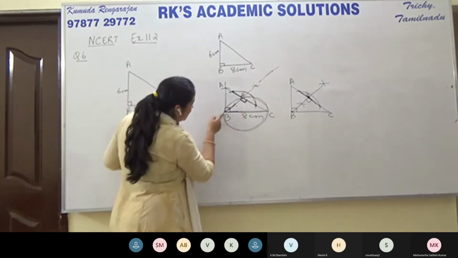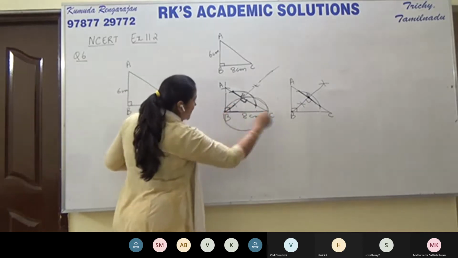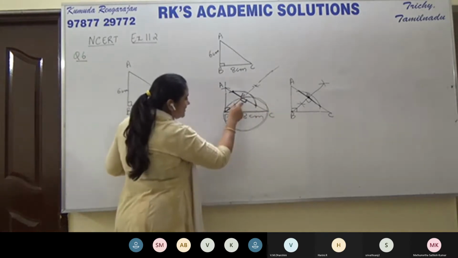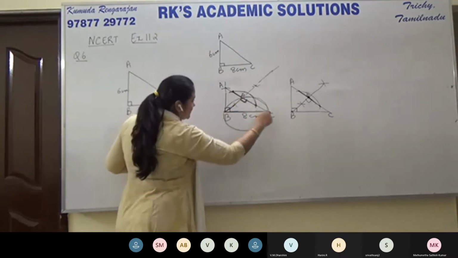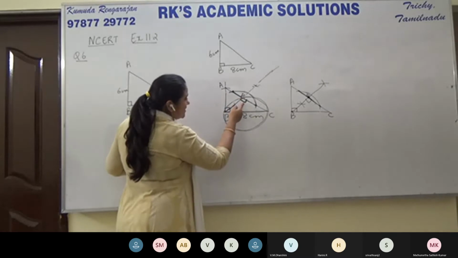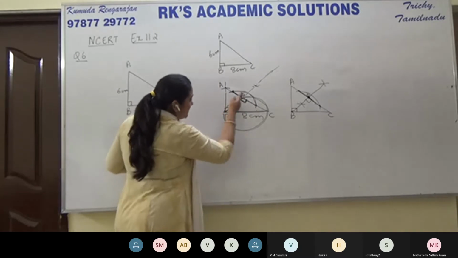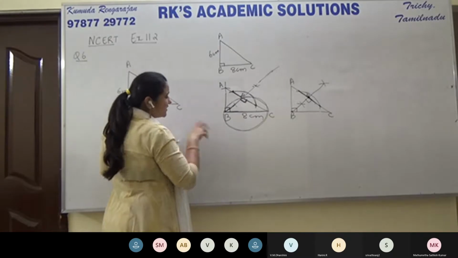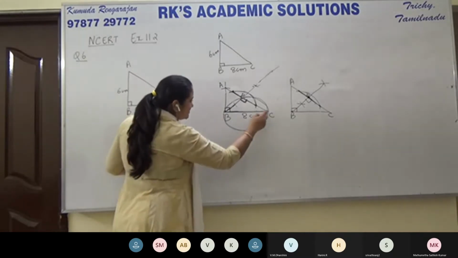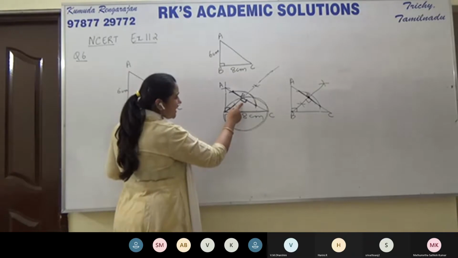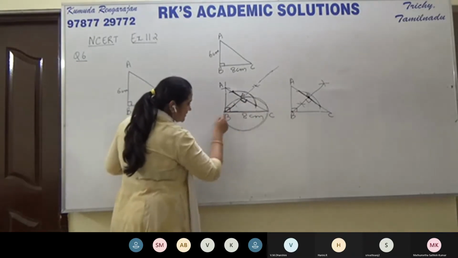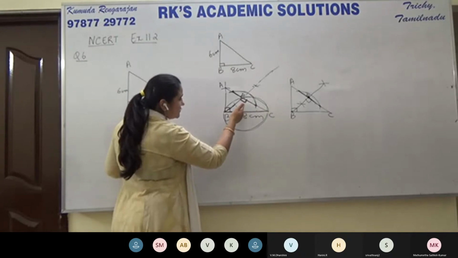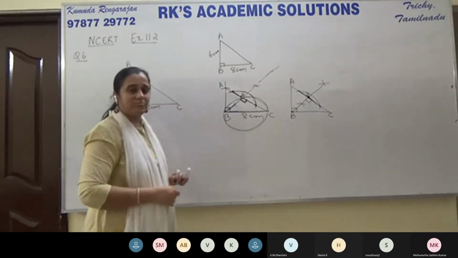You can see the line segments from B and C making 90 degrees at D. This angle of 90 degrees at D is made by BD and CD. To say it mathematically, BC subtends 90 degrees at the point D. That means BC is the diameter.